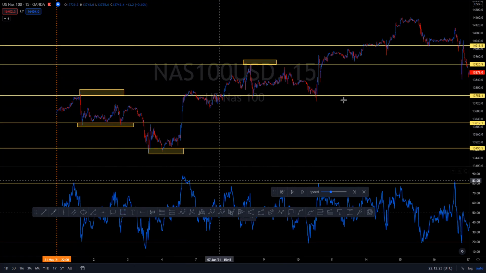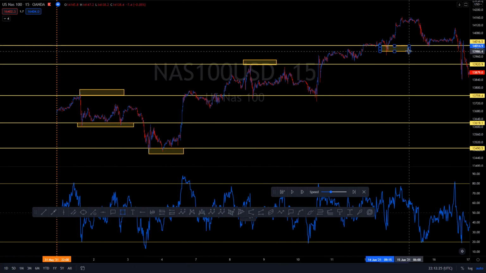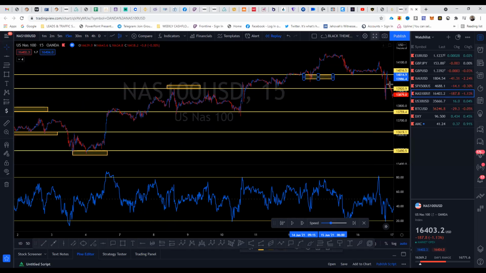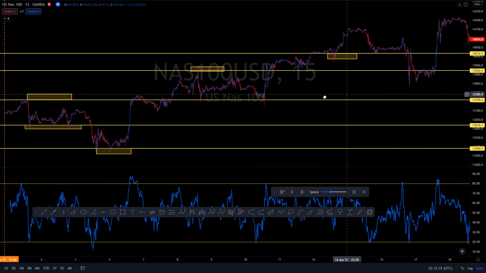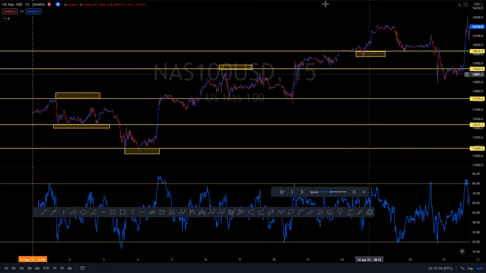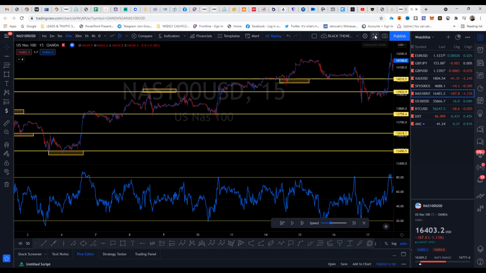Do this one here. All right, so that's how I got it marked up. I'm going to change the coordinates of these zones and then we'll move on to the 30-minute. Be right back.